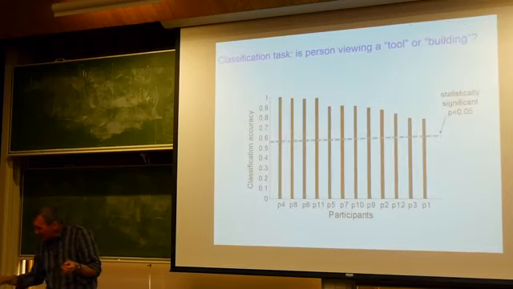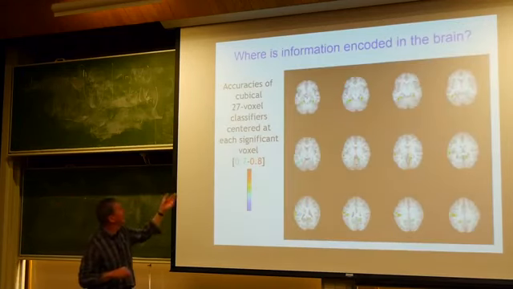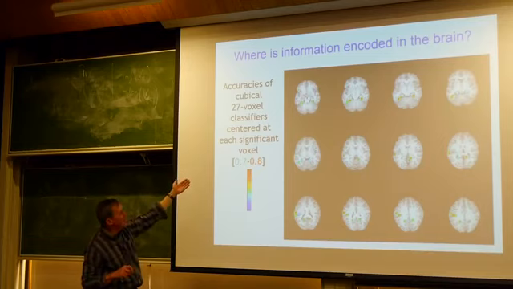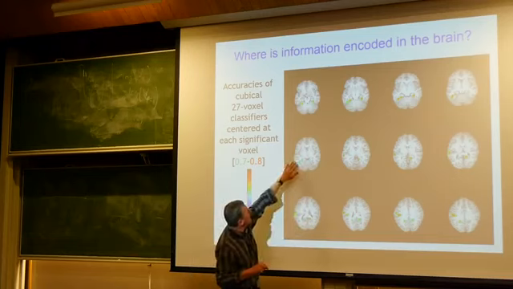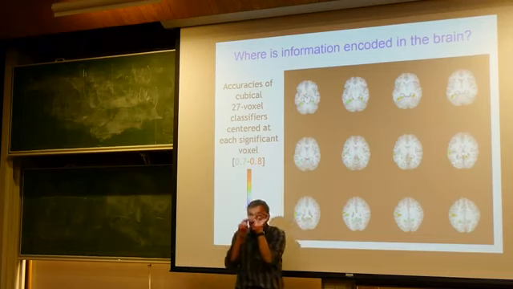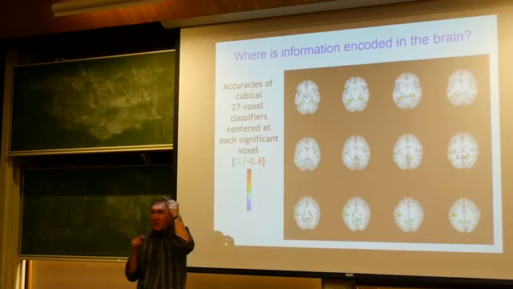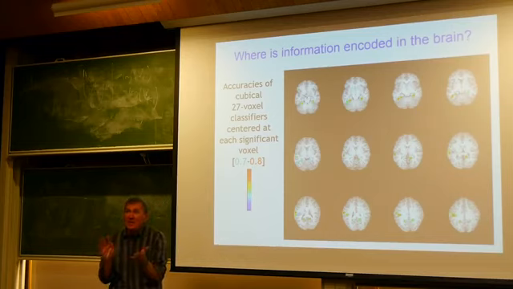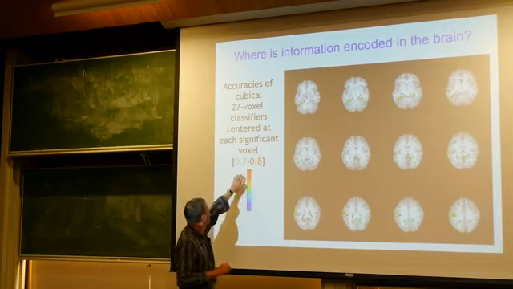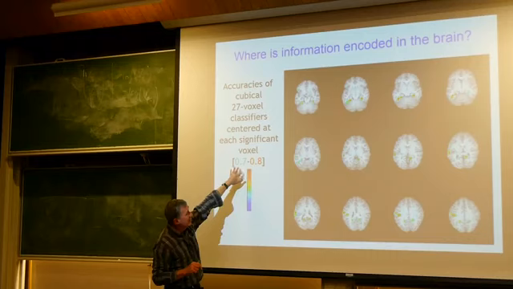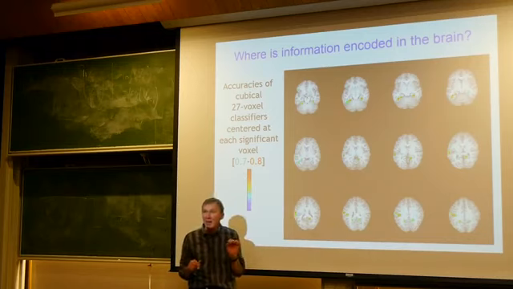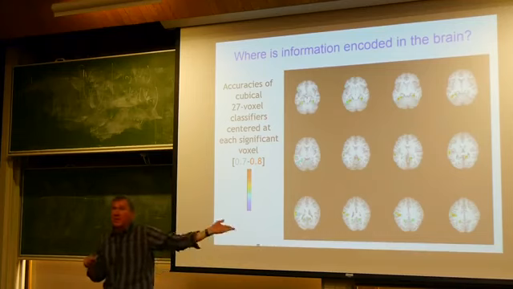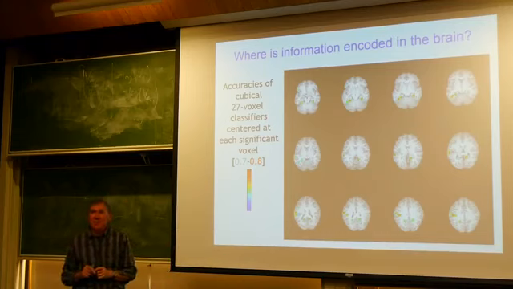When we did that for, in this case, tools versus buildings, we could plot the locations in the brain where that little cubic centimeter of brain tissue does allow decoding, sometimes with almost 80% accuracy, whether you're thinking about tools or buildings.